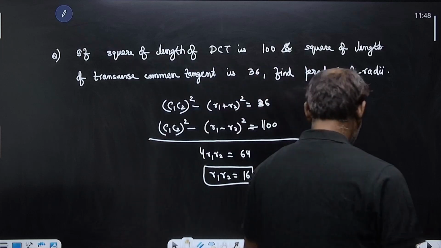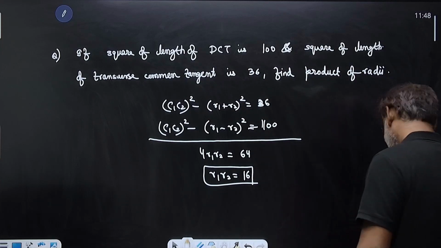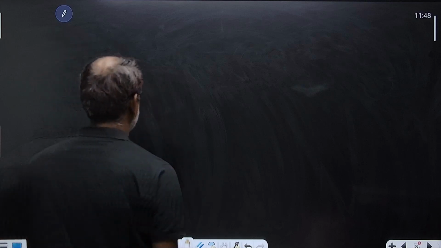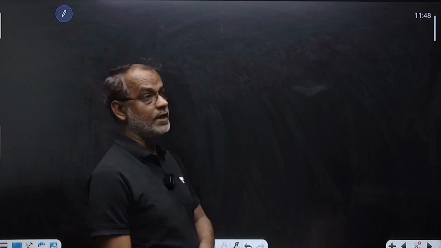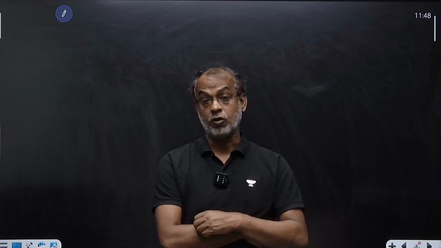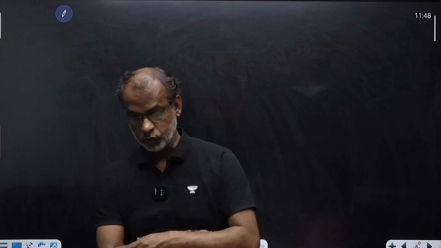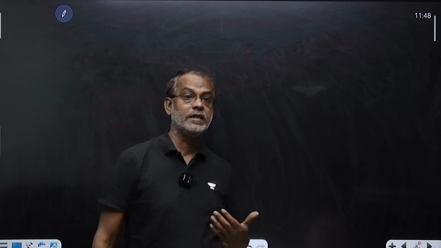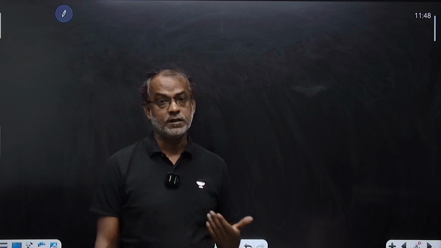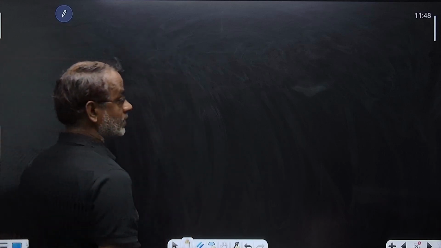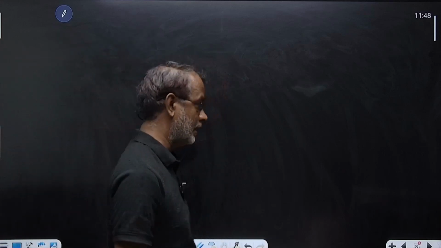Now, moving ahead, what we can see is that if the distance between centers is R1 plus R2, the length of the transverse common tangent becomes 0. So, what are the various possibilities? When is the distance between centers R1 plus R2? That is when the two circles touch each other externally.